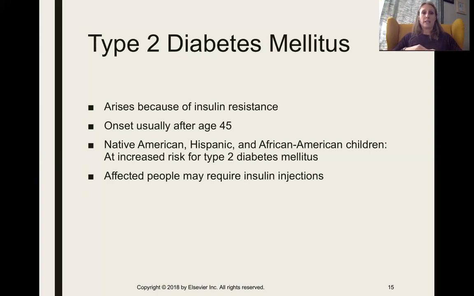So regardless of which case, whether we have the resistance being the main issue or the release being the main issue, we have a relative decrease in the amount of insulin attaching to those insulin receptors on the cells. And we used to see this as an onset after age 45, and it is still more common after 45, but we are seeing a definite increase in earlier onset and adolescent onset of type 2 diabetes.